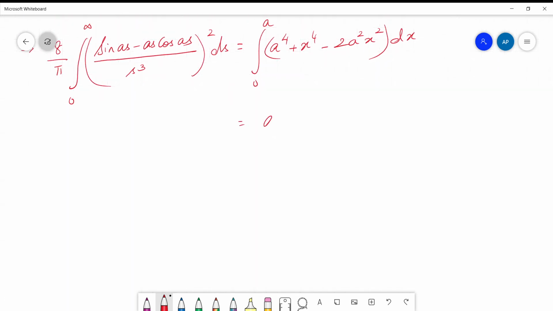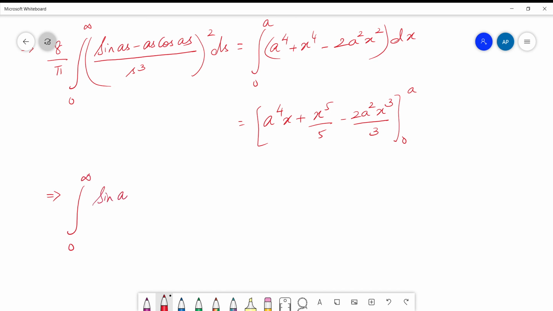So I get here a power 4 x plus x power 5 by 5 minus 2a square x cube by 3, by integrating with respect to x. Then I substitute the limits as 0 to a. So if you note, I will take that pi by 8 to the other side. So it becomes the integral on the left side as it is, sine s minus s cos s divided by s cube the whole square ds.